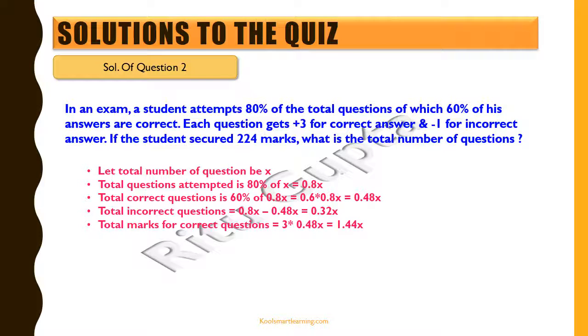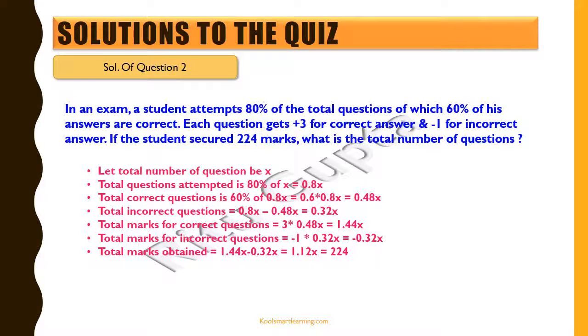Total marks for the correct questions would be 3 into 0.48x, because the question says he gets plus 3 for each correct answer. So that makes it 1.44x. And total marks for the incorrect question would be minus 1 into 0.32x, which is minus 0.32x. So the total marks obtained by the student would be 1.44x minus 0.32x, which is 1.12x.